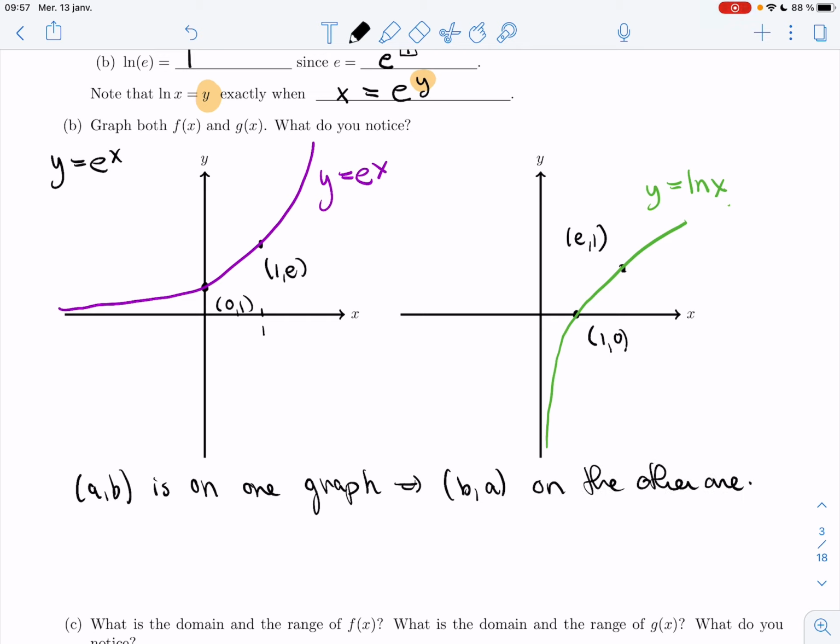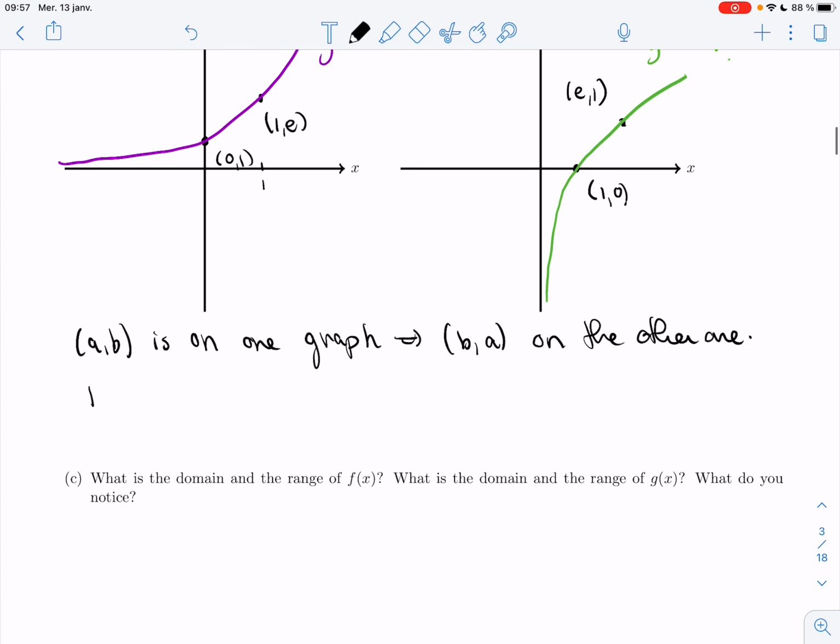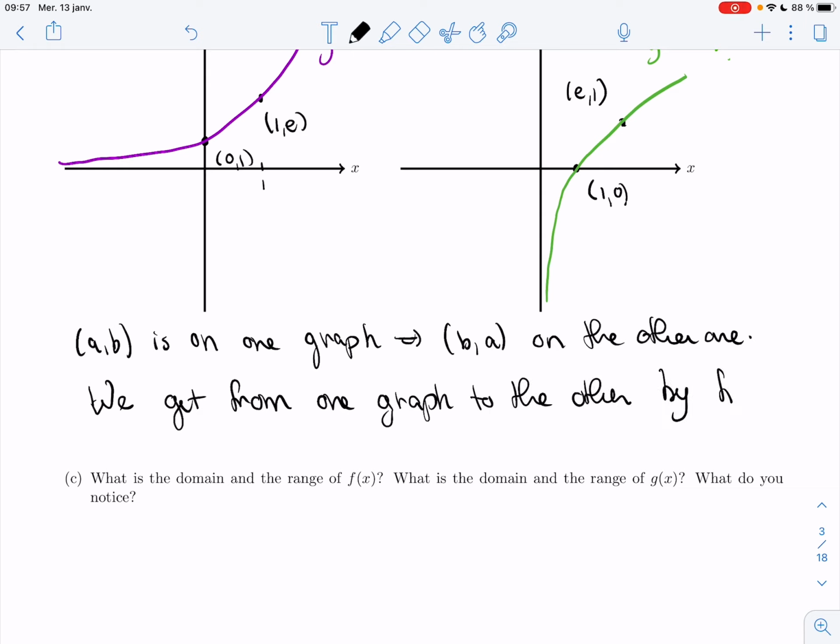And then the second thing that you should notice is, we get from one graph to the other by flipping, by reflecting across y equals x.